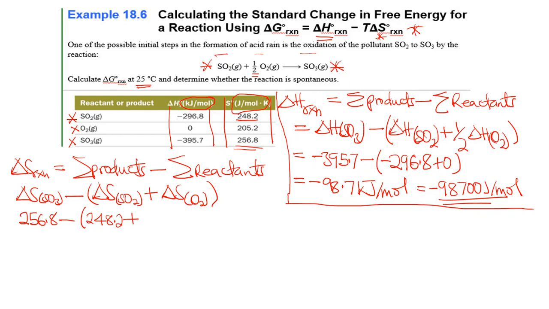Now, we know that this is half. So plus half delta S of oxygen, half times the delta S of oxygen, which is 205.2.